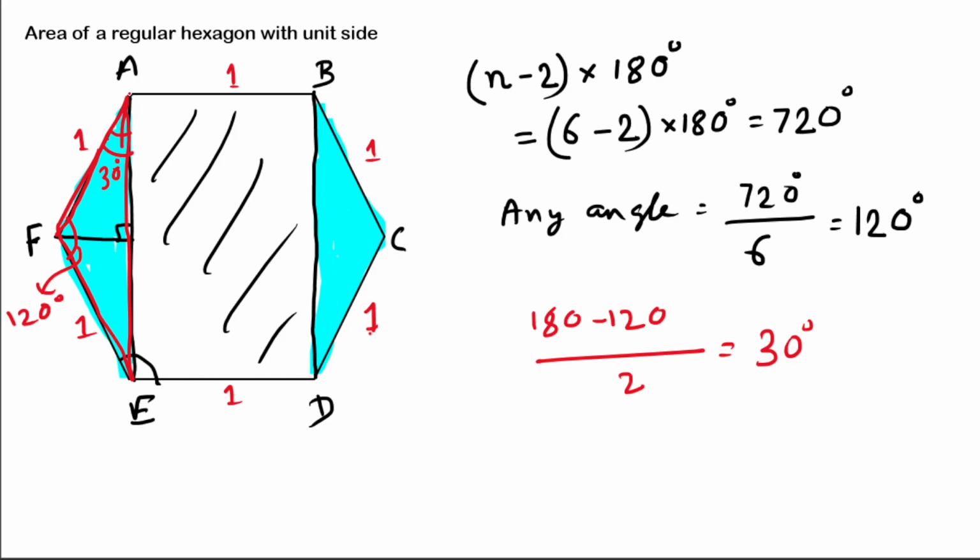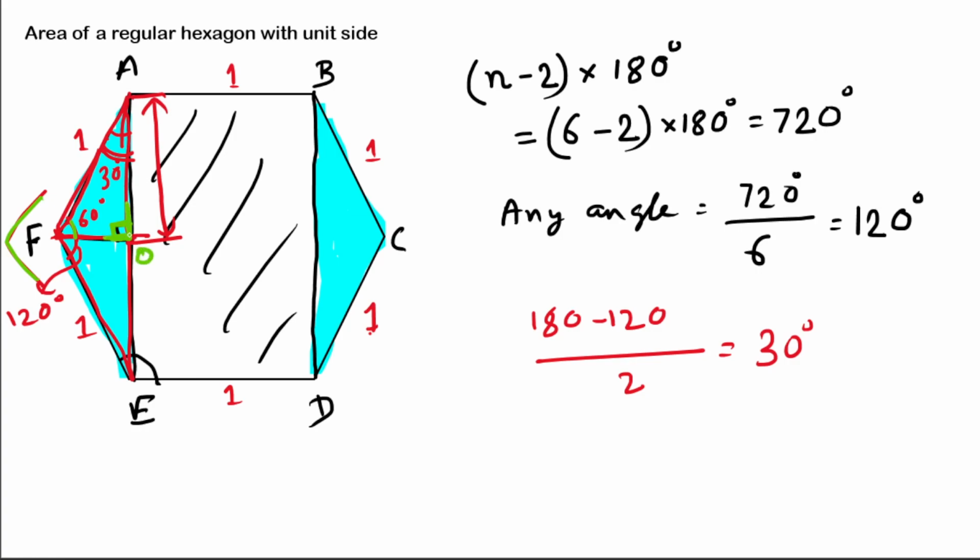What can you say about this side, from here to here? Because this is 30 degrees, of course this is 60 degrees. Why is it 60 degrees? Because this particular perpendicular is dividing this angle, so this is 60 degrees and this is 90 degrees for sure. Let us say this is O, where it is intersecting.